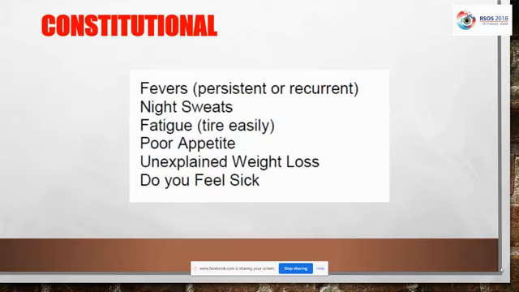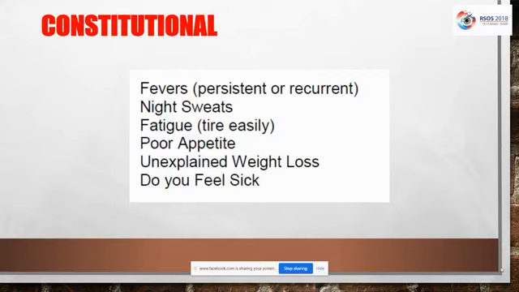So you will ask those patients if there is any history of fever, any persistent or recurrent fever, any history of night sweats, any history of fatigue or easy tiredness, any poor appetite with loss of weight, especially with disease involving the gastrointestinal tract.